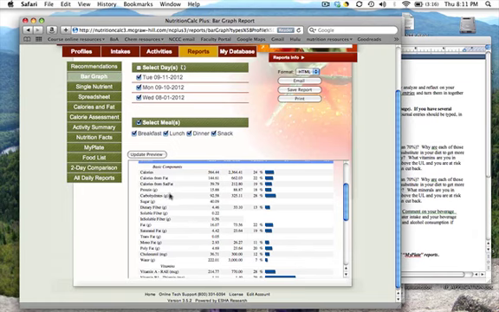For example, the total carbohydrates in this report is 28%. That means I'm only getting 28% of my daily needs of carbohydrates. Ideally, you want 100% of your daily needs, right?